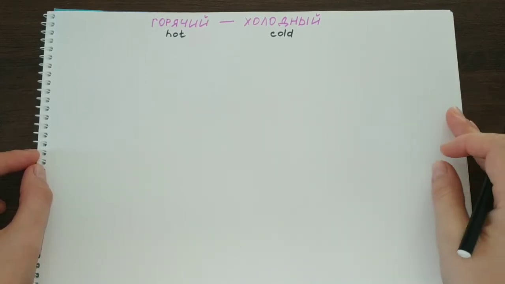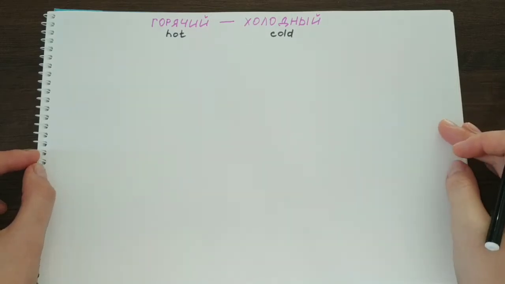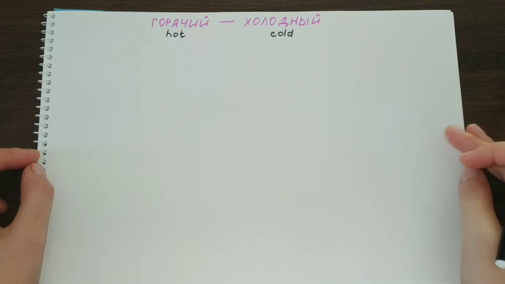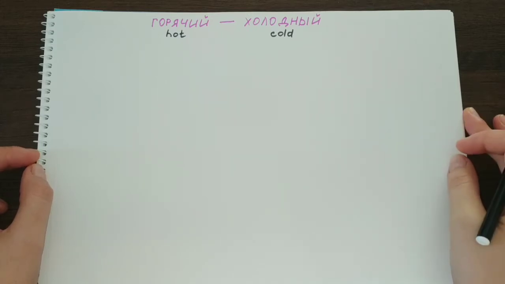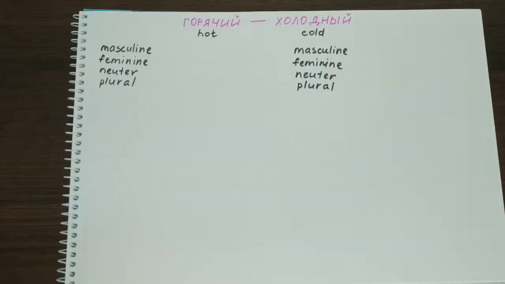So the adjectives in Russian, when they are used with a noun, have to be of the same gender form, and also have to be either singular or plural, depending on what form the noun is. So let us first write down all of the gender forms and plural forms of these two adjectives.